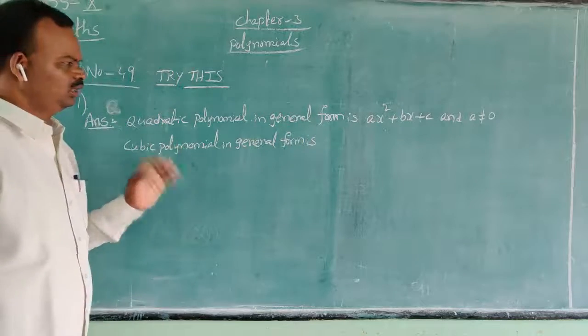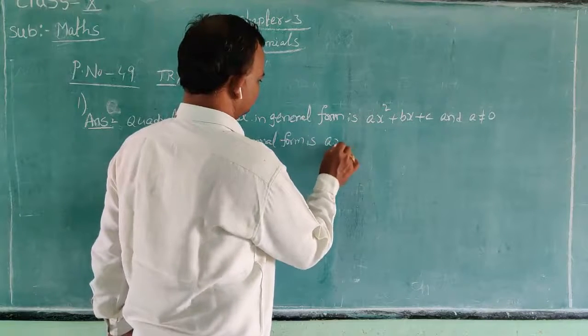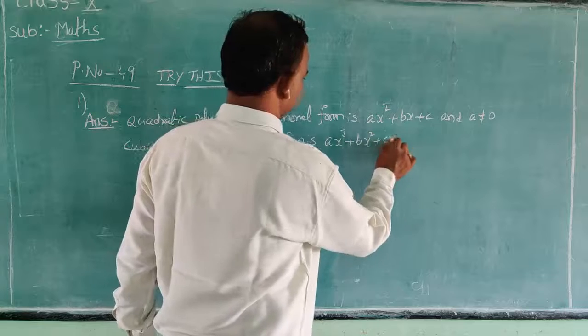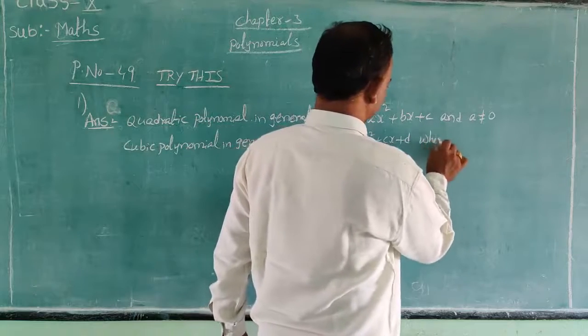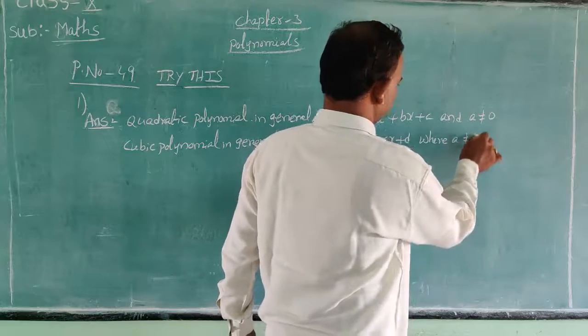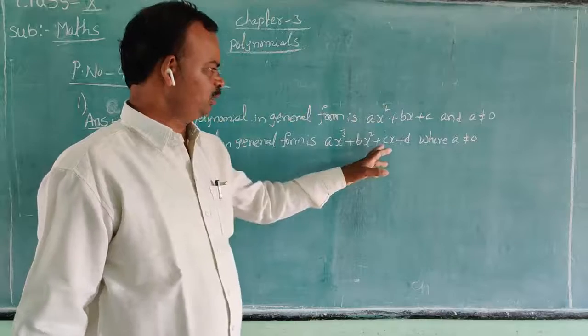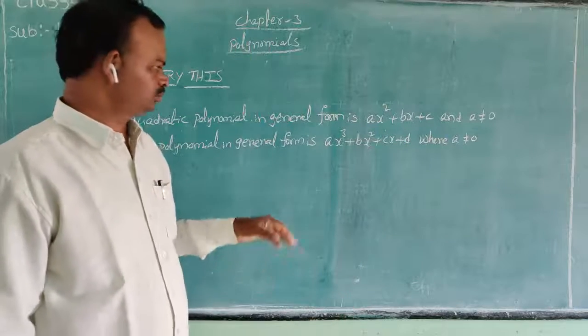Cubic polynomial in general form. Cubic means it has degree 3: ax cube plus bx square plus cx plus d, where a not equal to 0.